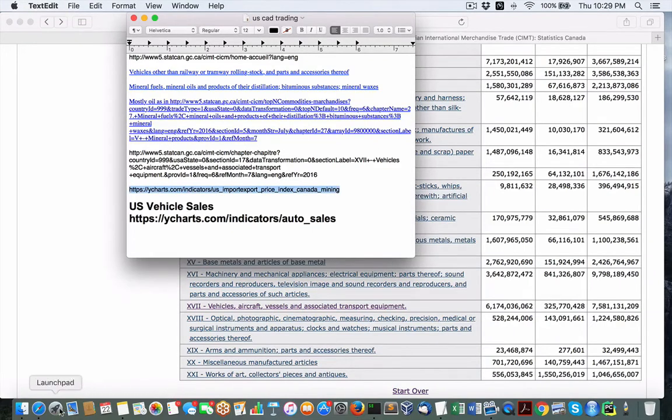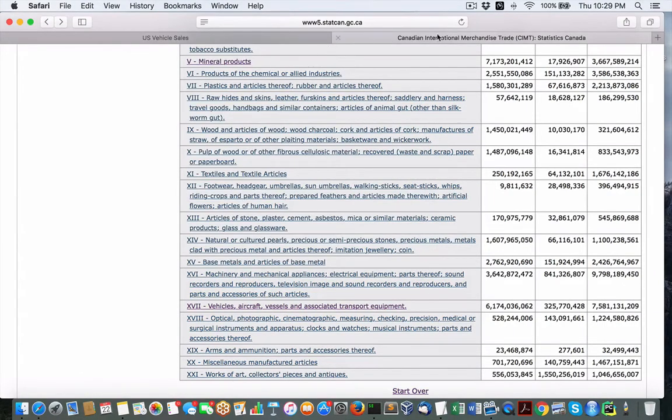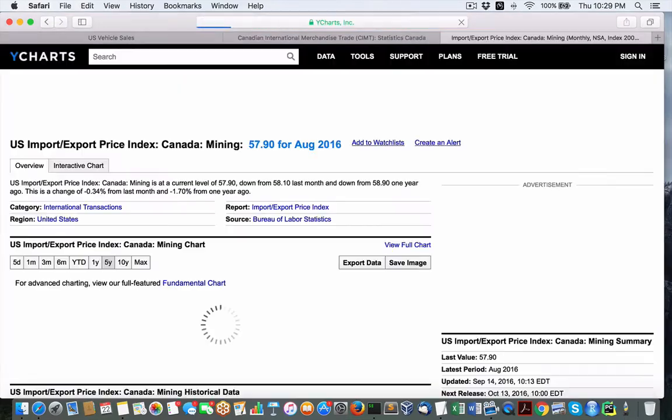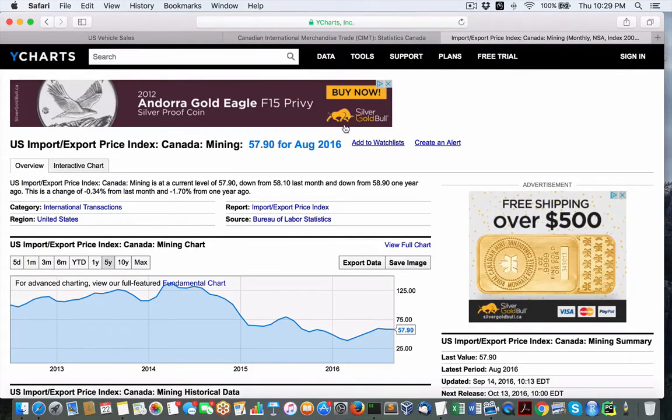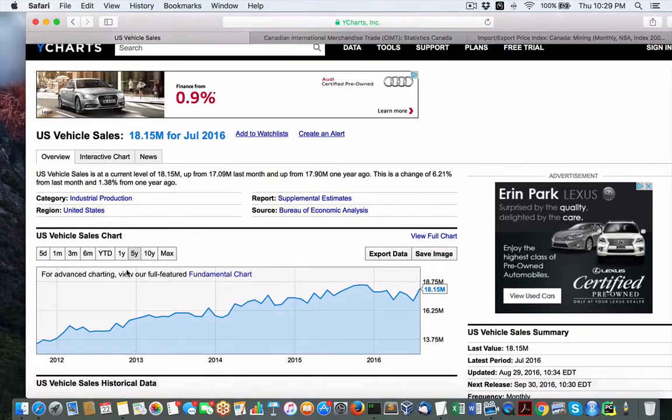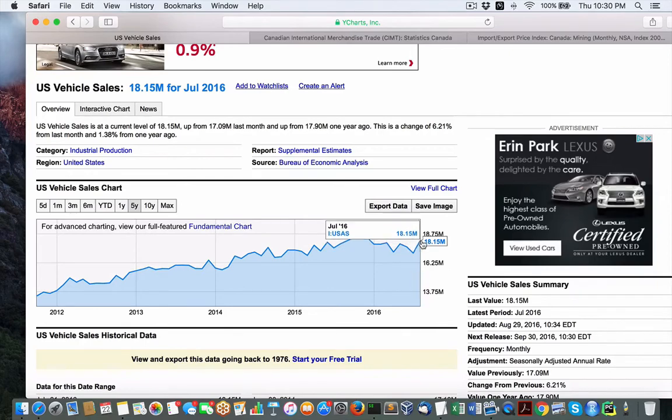let me just load up a better browser here. So with the Y Charts, you can see here that it has been increasing and it's tailed off somewhat.